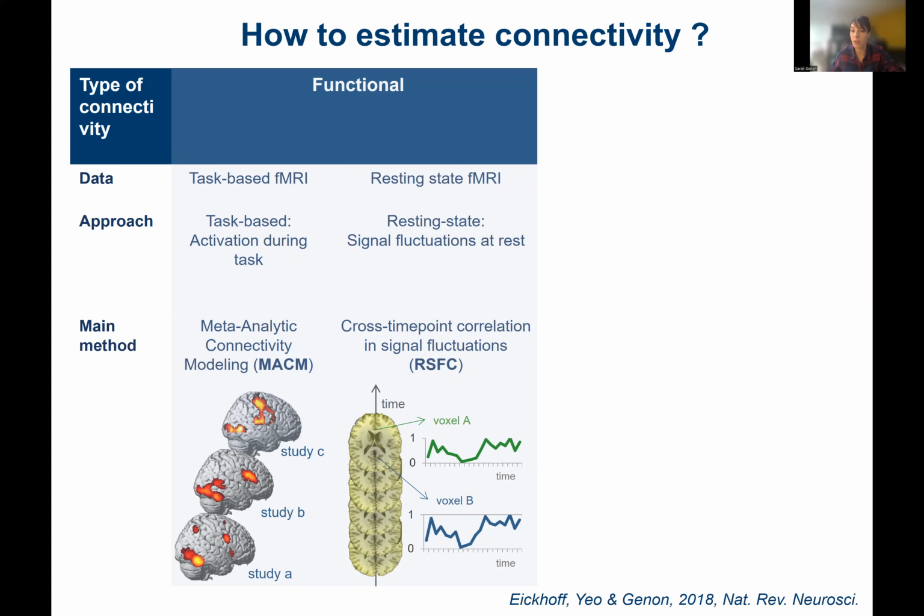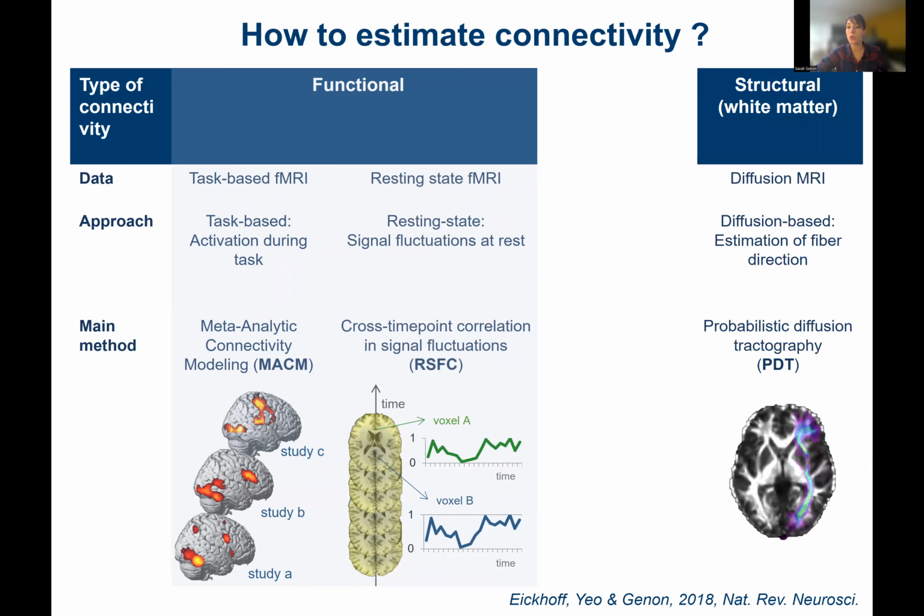So this is typically done across thousands of activation studies whose results are stored in databases such as BrainMap and NeuroSynth. So these are two connectivity features that probe functional connectivity, but we can also use structural connectivity based on diffusion MRI.